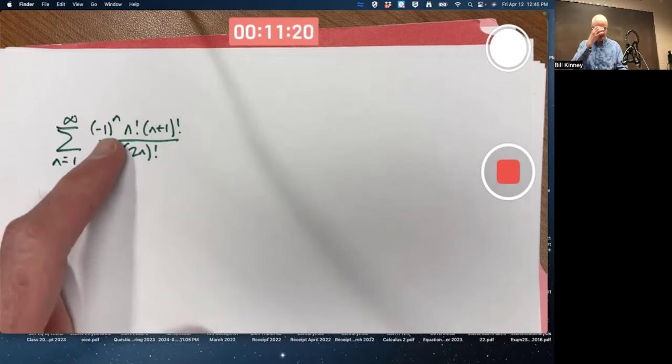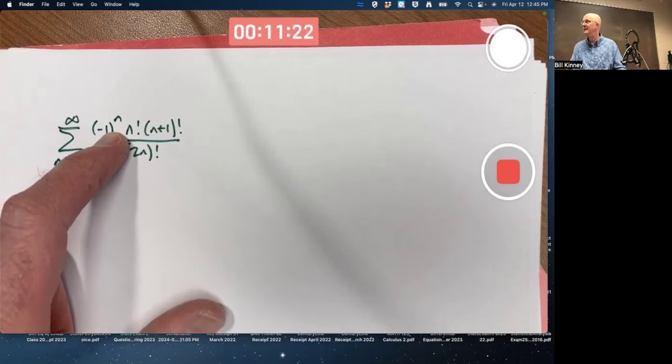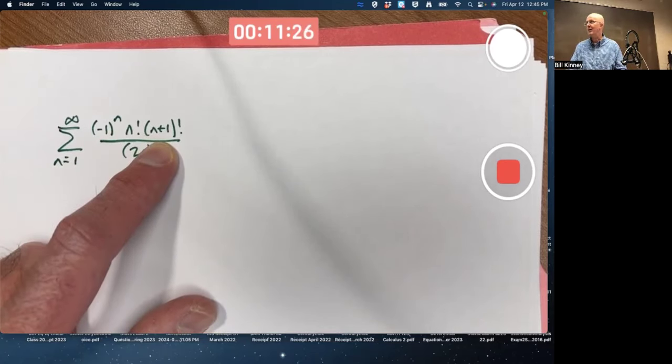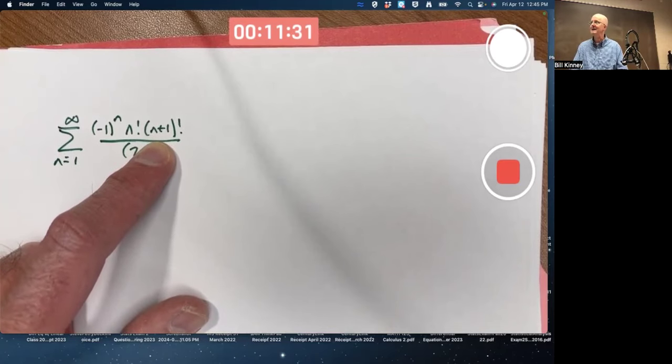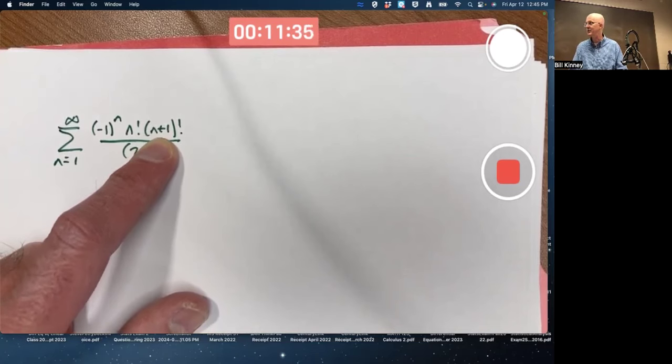If n is 10, for example, 10 factorial is over 1 million already. And this would be 11 factorial, which would be over 10 million. 1 million times 10 million is what? 10 trillion? The numerator is over 10 trillion when n is already just 10.